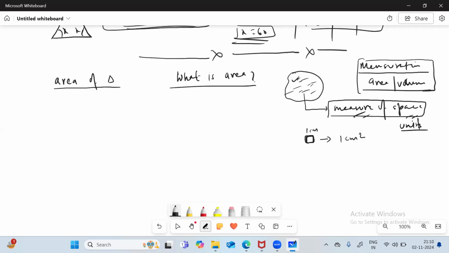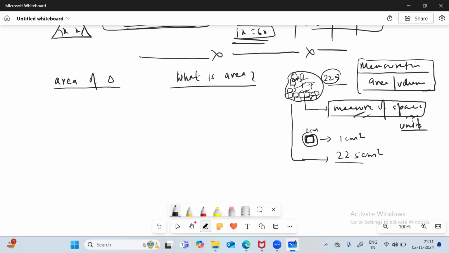So if you want to know how much space is there, you just start putting 1 centimeter squares inside it and find out how many boxes it contains. If it contains, let's say, a total of 22.5 boxes of such size, the area of the space would be 22.5 centimeter square. So this is what area is.